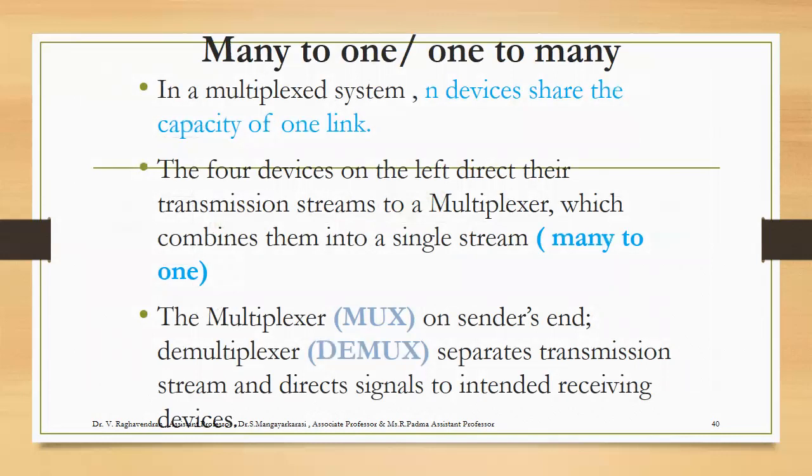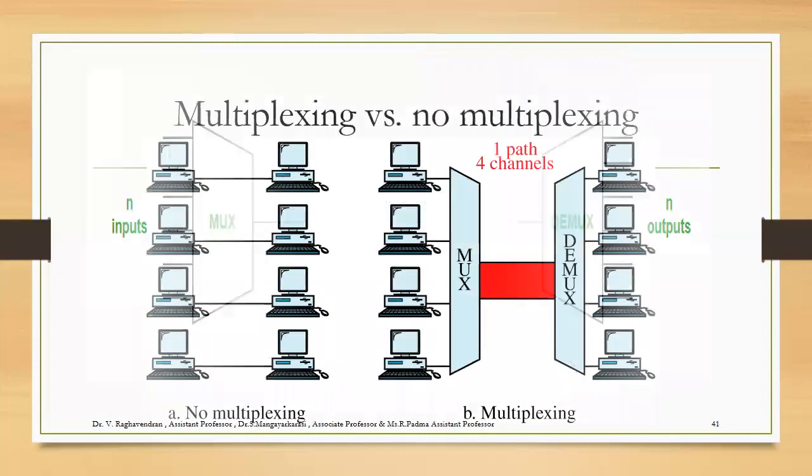The 4 devices on the left direct the transmission streams to a multiplexer which combines them into a single stream, which is called many to one. So next, the multiplexer, MUX, on the sender side. The demultiplexer is shortly represented as DEMUX. It separates the transmission stream and directs signals to the intended corresponding receiving devices.